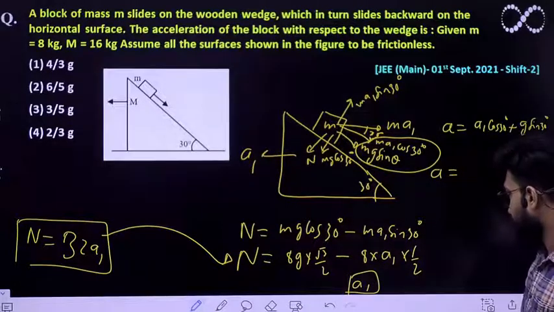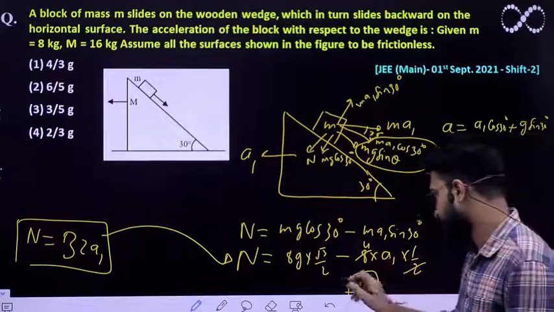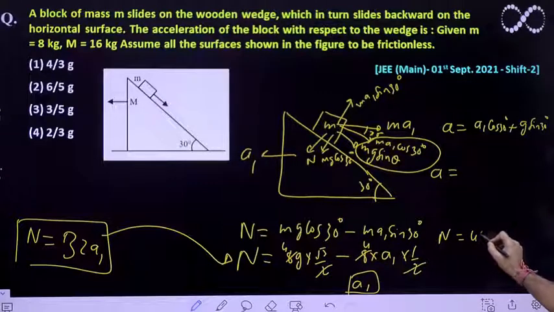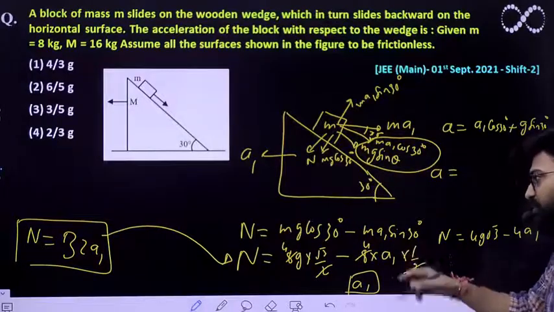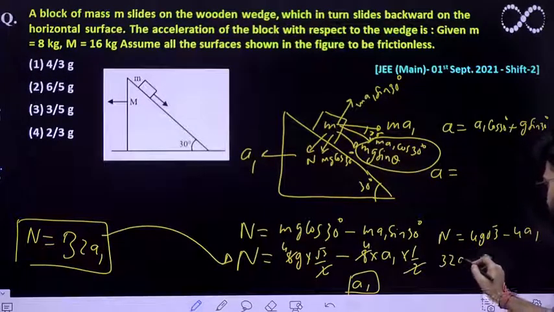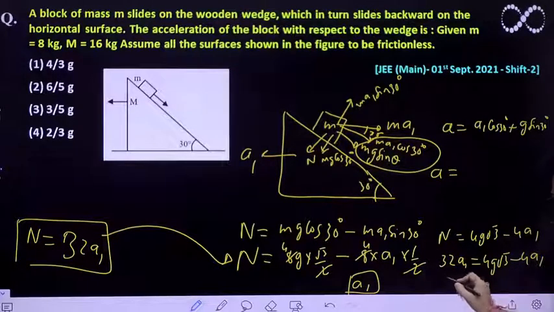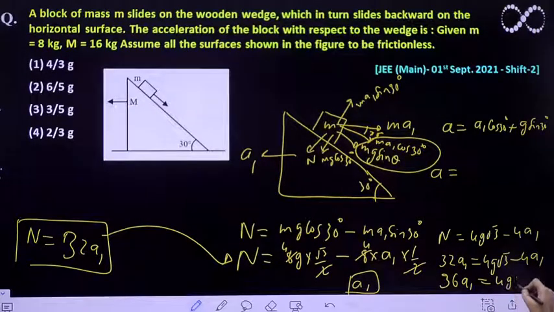Okay, so if I further solve it, you'll get N must be equal to 4g root 3 minus 4a1. And this normal is 32 a1, so 32 a1 must be equal to 4g root 3 minus 4a1. This a1 would go over there, so you'll get 36 a1 must be equal to 4g root 3.